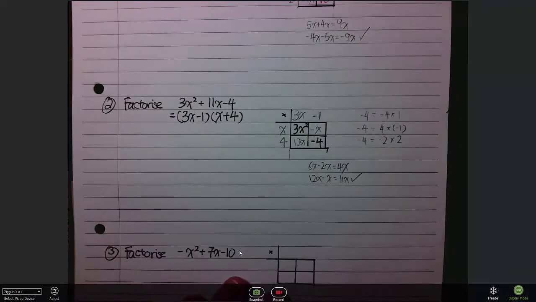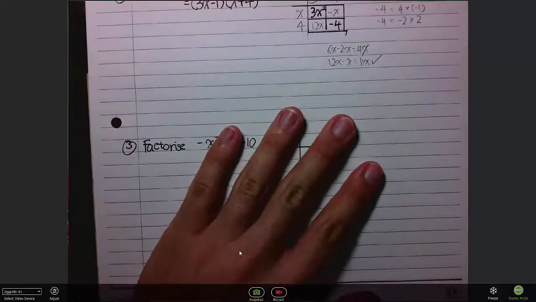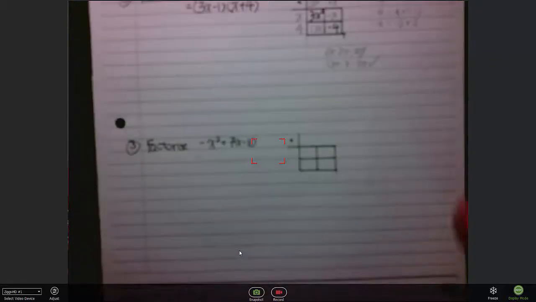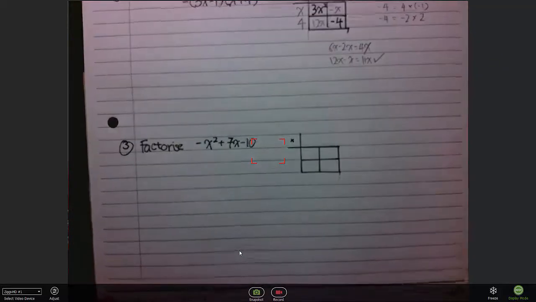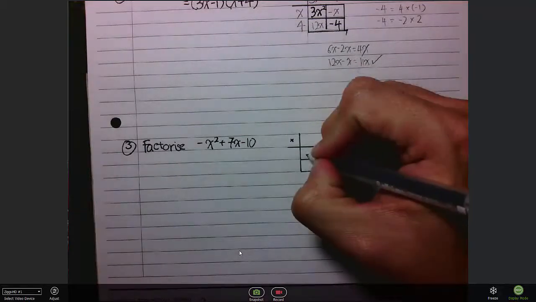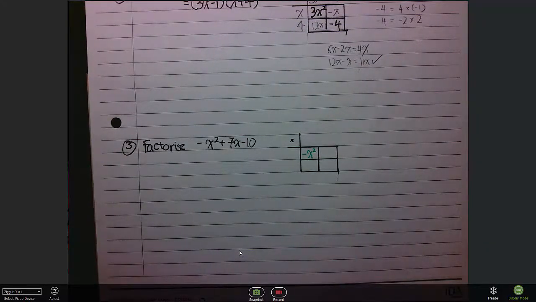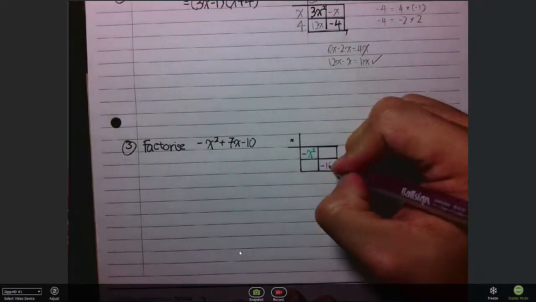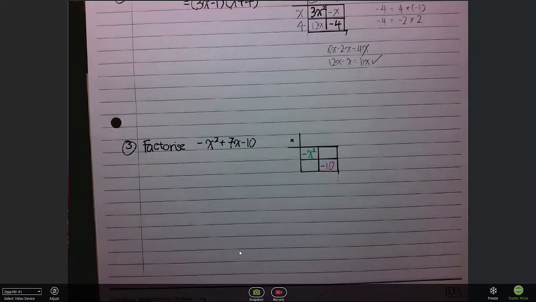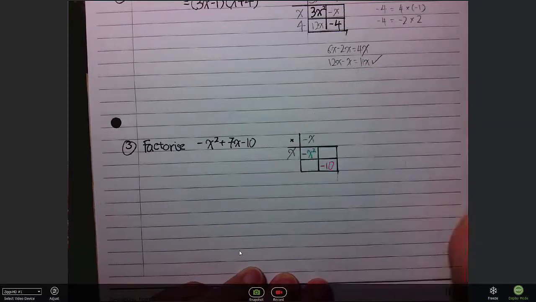Now I move on to question 3. Question 3 is like this: negative x squared and negative 10. A bit more difficult now, but still doable. Negative x squared is negative x times x, no other combinations there.